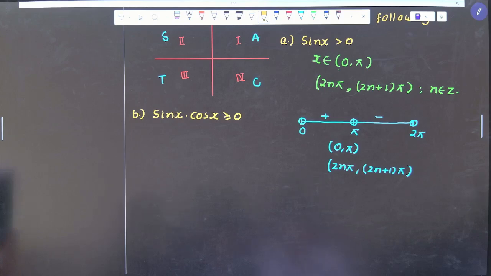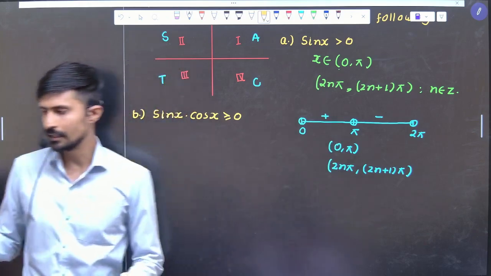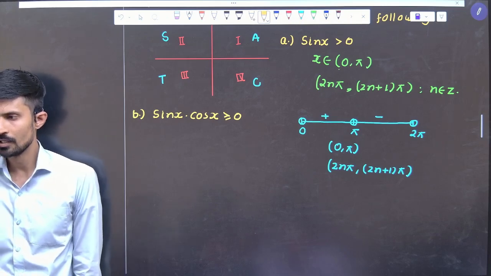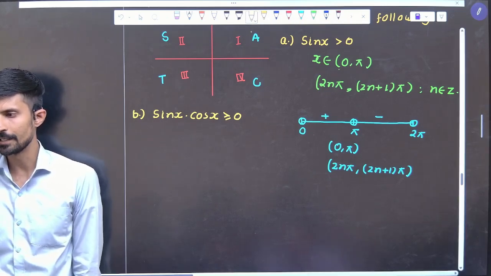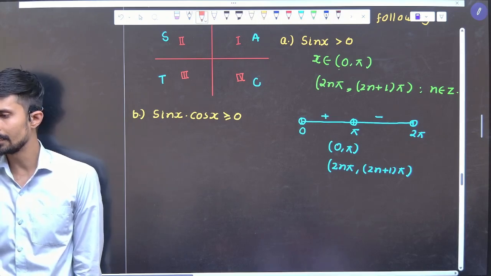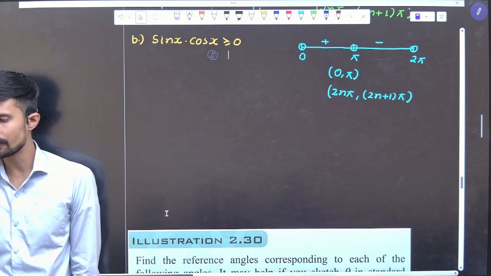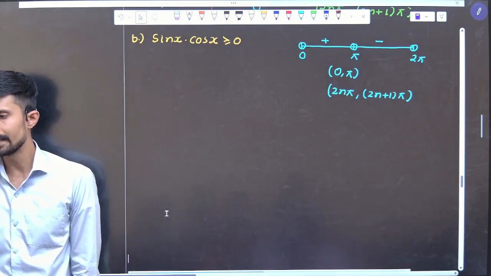Again write 0 to 2 pi and then solve. Which method do you want me to say? First number line or quadrant? See, if you want to move quadrant wise, then one technique is required.